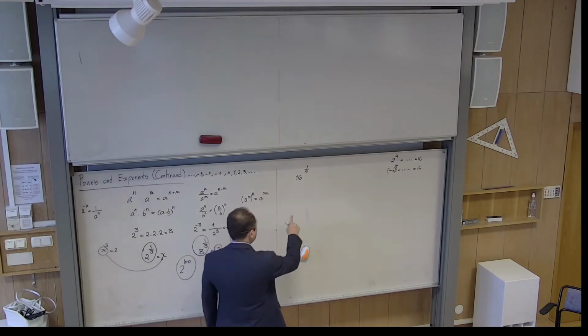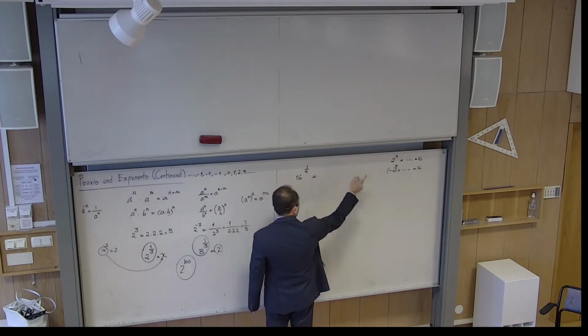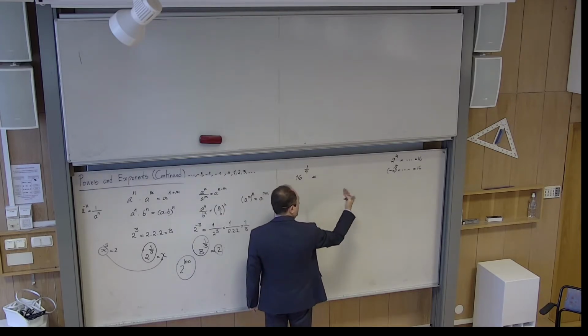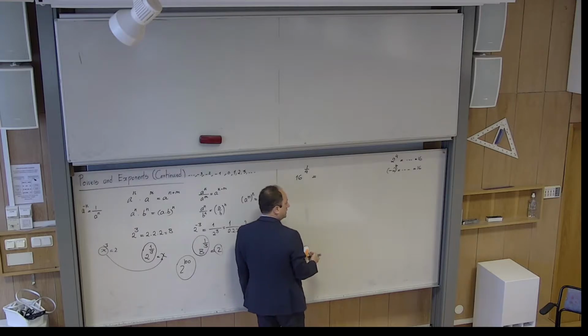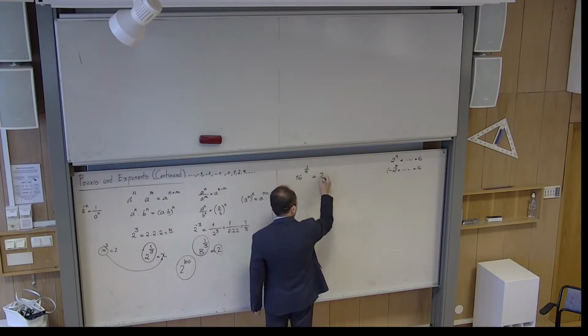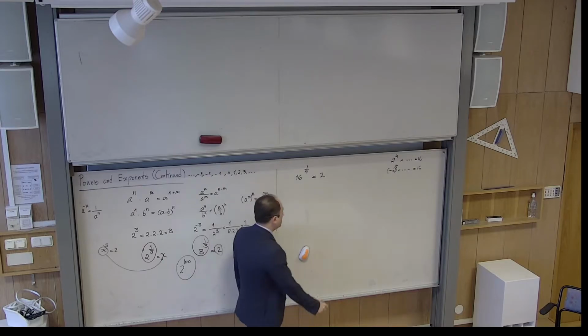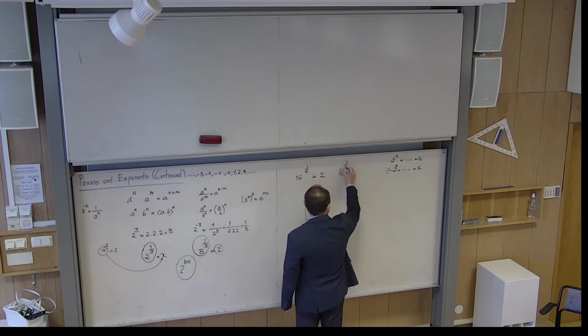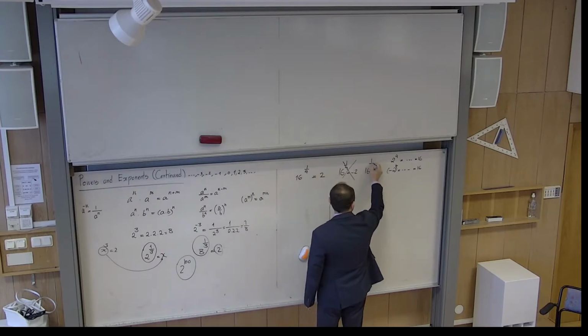So if I ask you this, don't write -2, even though technically -2 is also working. By that convention, you have to write 2. Some people, if you write -2, that is wrong. If you write plus or minus 2, that is also wrong.